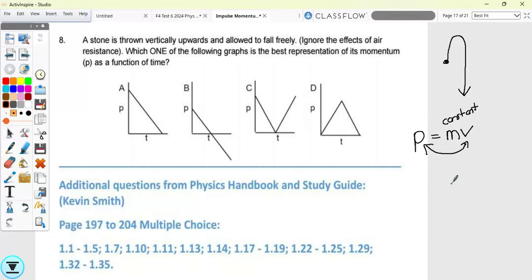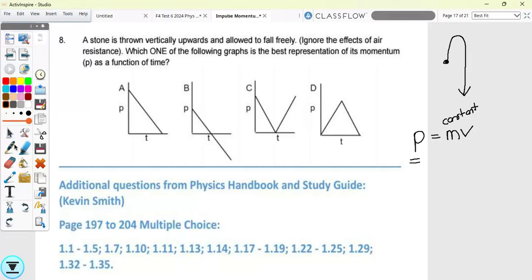And if you learn your definition, so this is actually kind of testing your definitions as well, because your definition for momentum says that it's the product of the mass and the velocity, but it also, just below that in the SAG, says that the momentum is in the direction of the velocity. So if the velocity is left, the momentum is going to be left. Makes sense because it's moving in that direction.